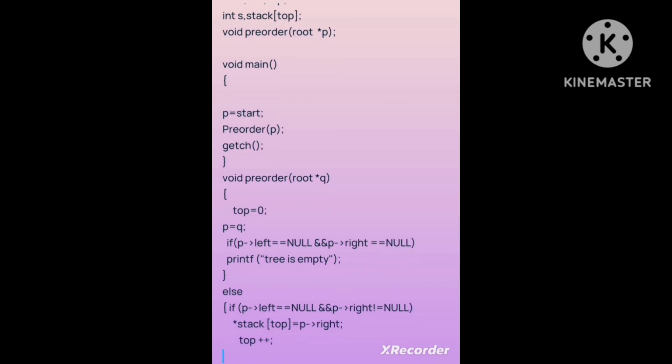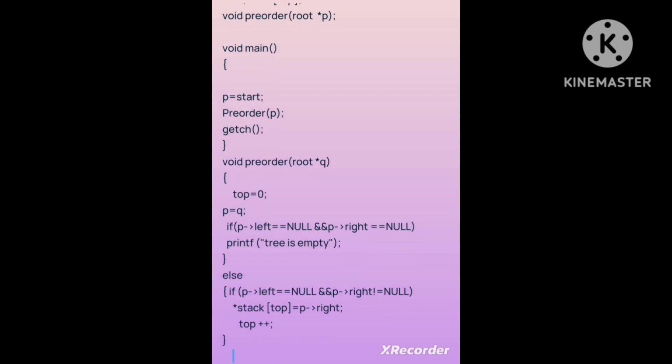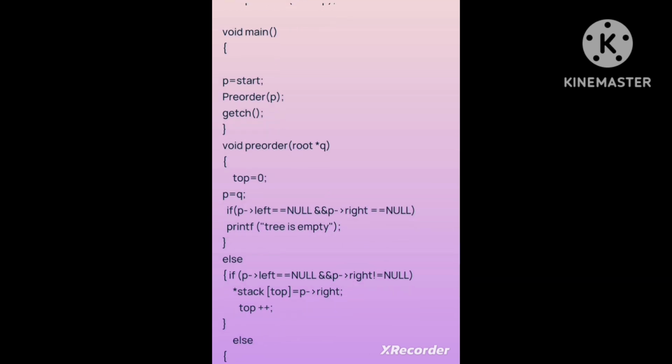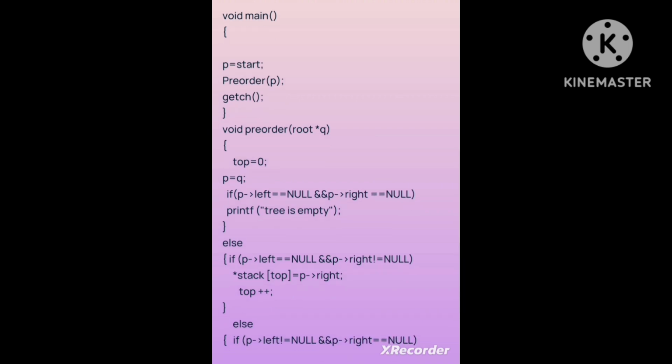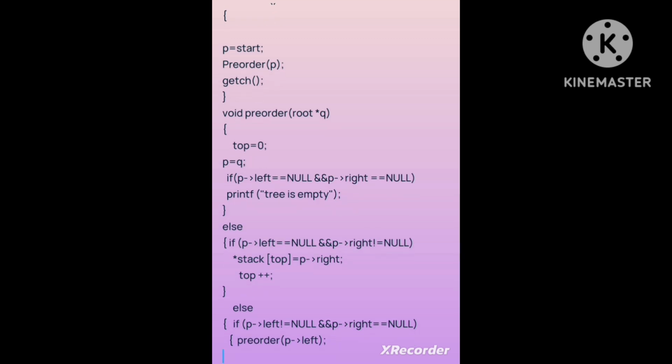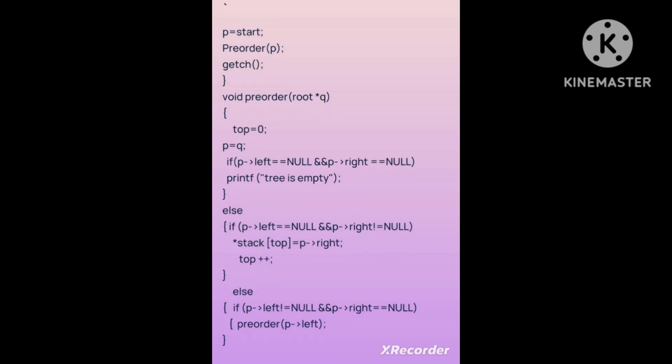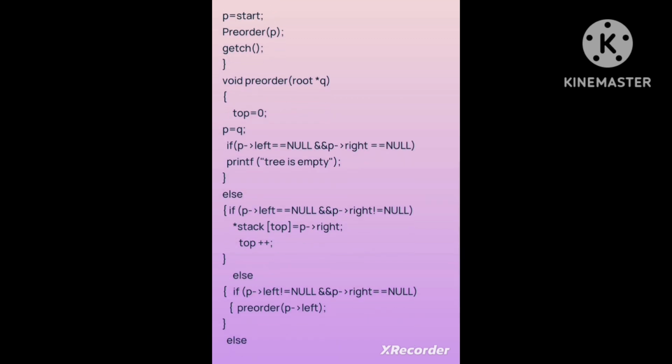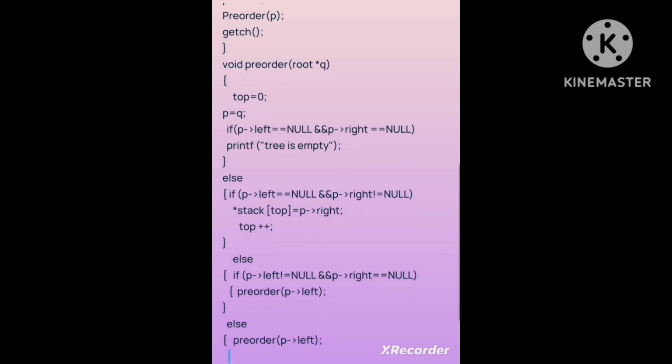In the first case the left tree is empty, that is having the null value, and the right subtree is not null. Then we have to push the right node onto the stack for further traversal. The second case arises if the first case is not satisfied.